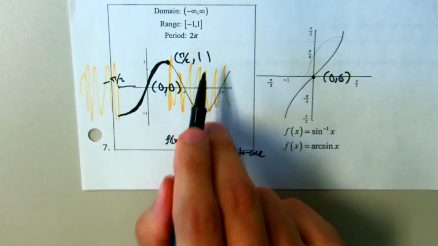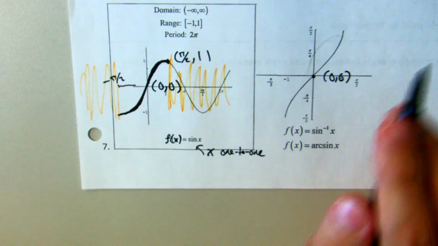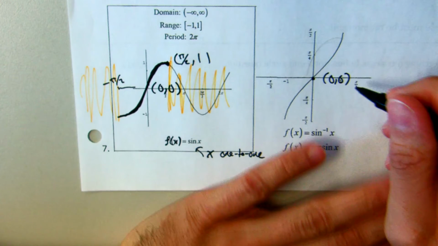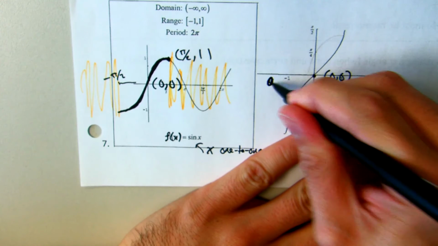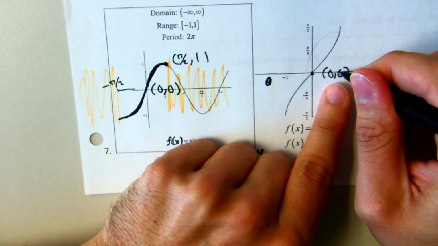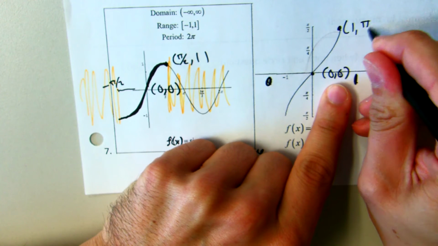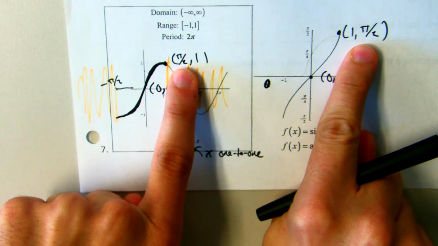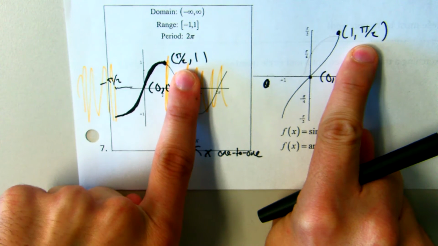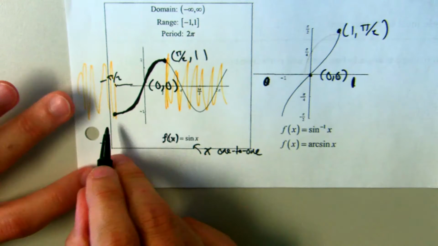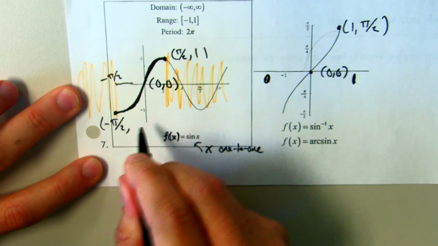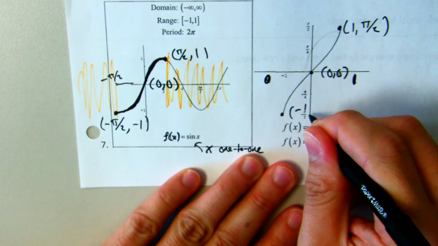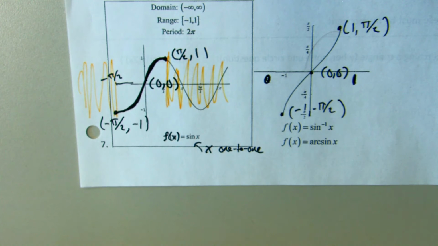So if (pi/2, 1) exists on the function, then its inverse will have a point at (1, pi/2). You see how it still hits that point? You're switching x and y, swapping input with output. And you can do this with all kinds of things. If it hits (-pi/2, -1) on the function, then it's going to hit (-1, -pi/2) on the inverse.